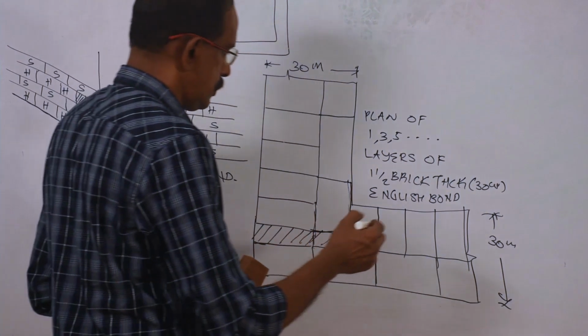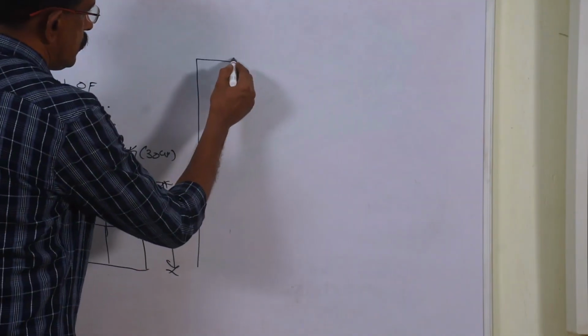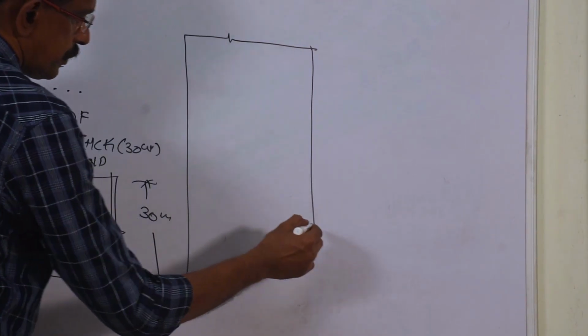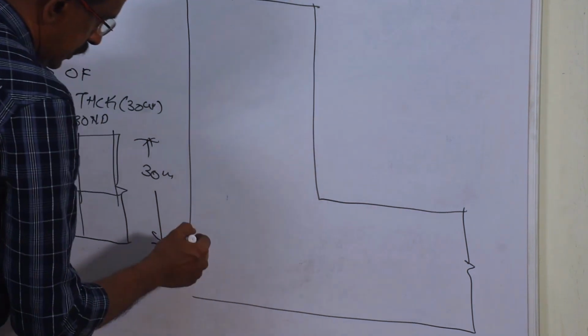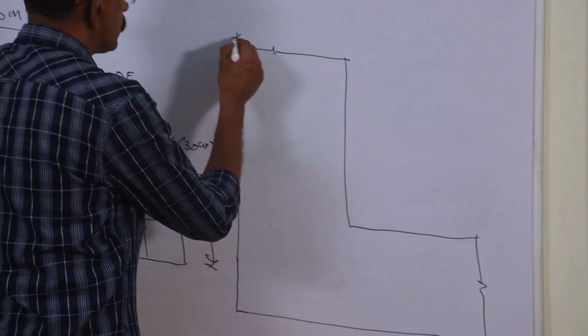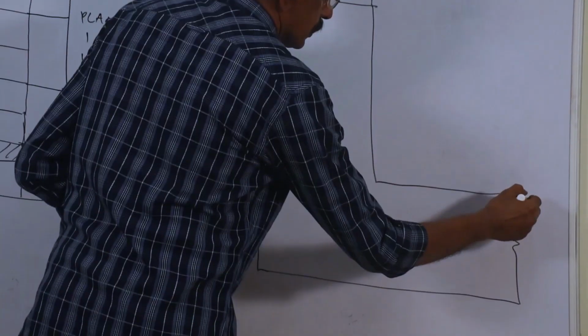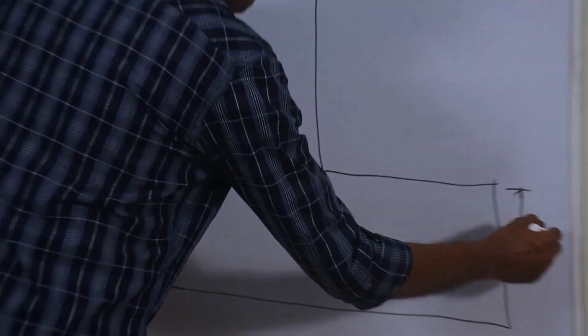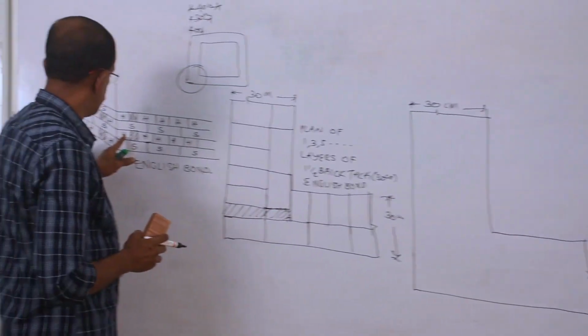So as usual, draw the corner of the wall in 3 centimeter gap like this and mark it as 30 centimeter. 30 centimeter. Here also 30 centimeter. Now second layer, elevation.